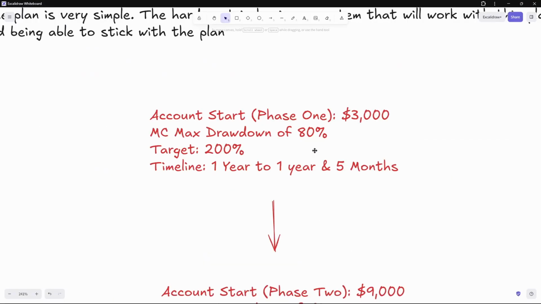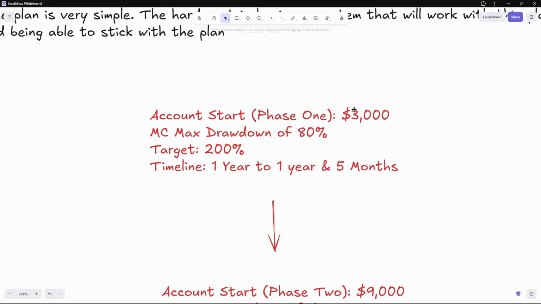So this is the first phase. This is the type of risk that we're going to be using, and this is very, very heavy risk. And the target is to get a 200% return. So we're saying worst case scenario, we could lose 80%, and we want to flip this $3,000 account into $9,000, because 200% of 3,000 is 6,000, plus our initial 3,000 is $9,000.